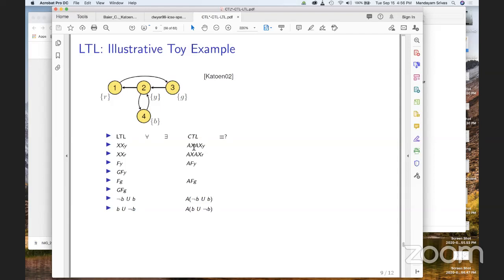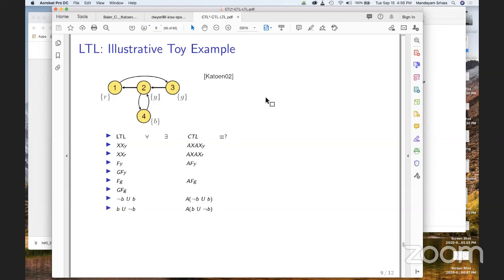Every successor of that state should have Y holding good in that thing, okay?